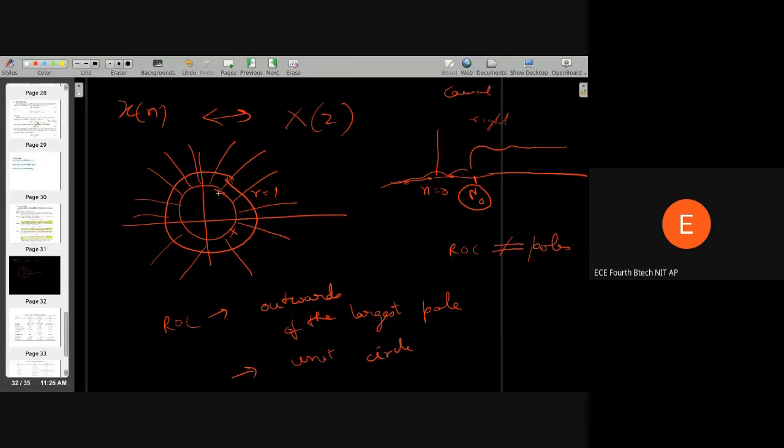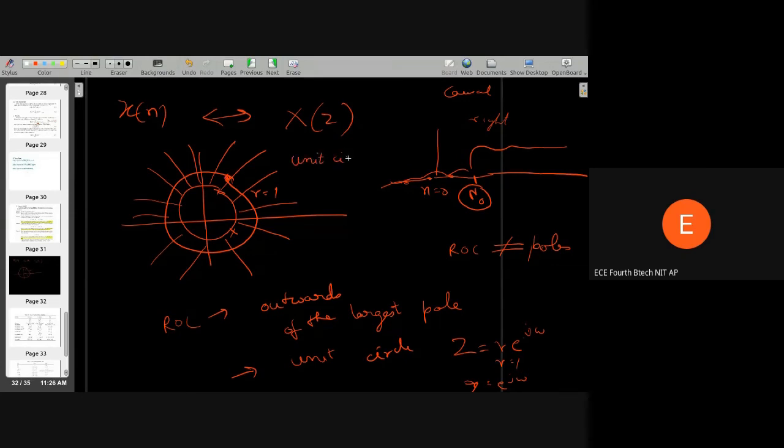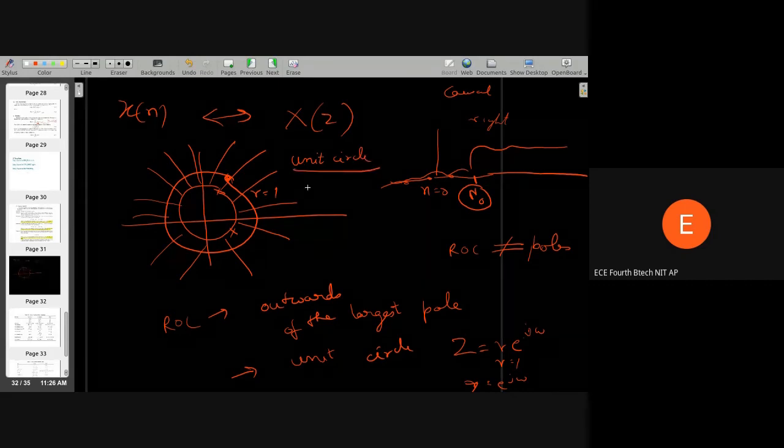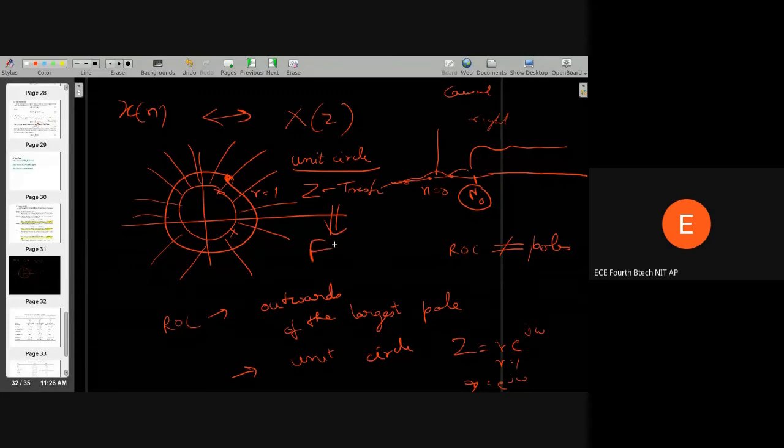If it includes the unit circle, what happens? Z equal to R e to the power j omega. R equal to 1, then Z equal to e to the power j omega. That means the Z transform at the unit circle is the same as your Fourier transform.